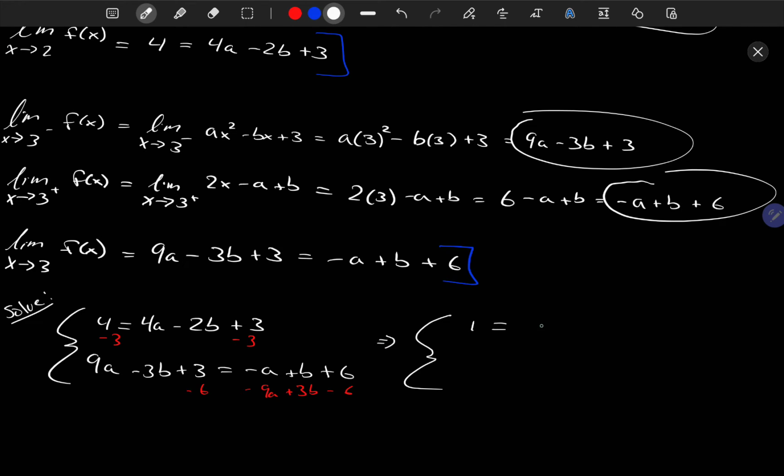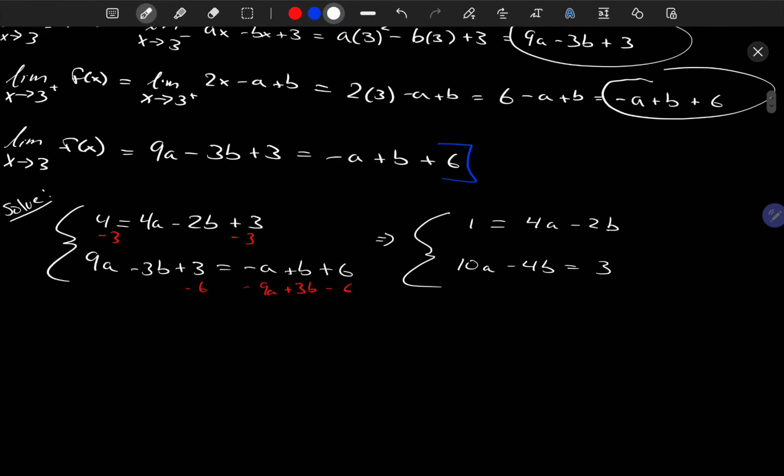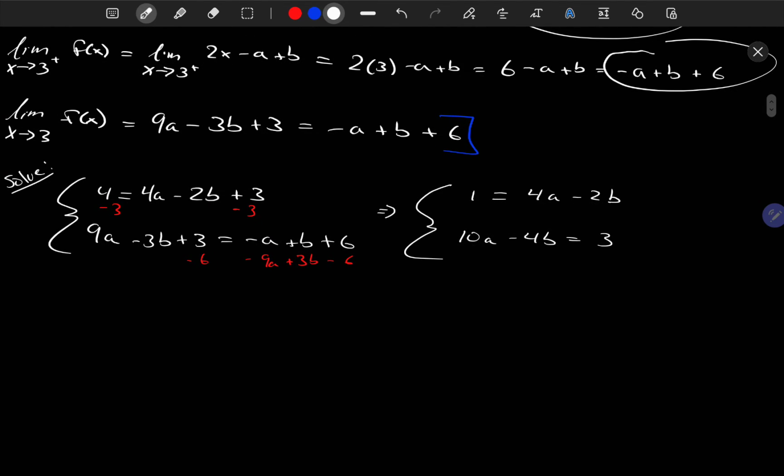So we have 4 minus 3, it's 1. It's equal to 4a minus 2b. And here we have 10a minus 4b equals 3. Double checking that everything's okay.